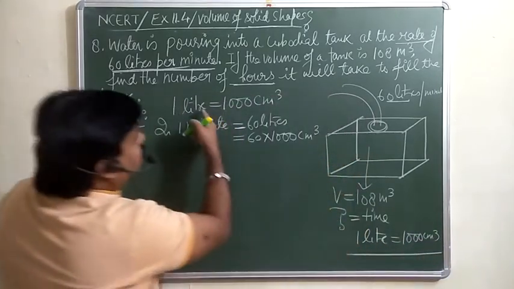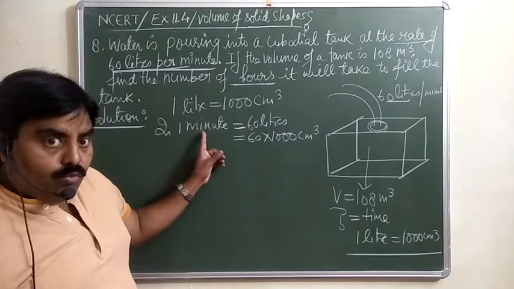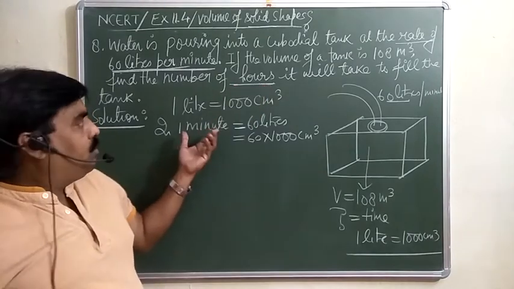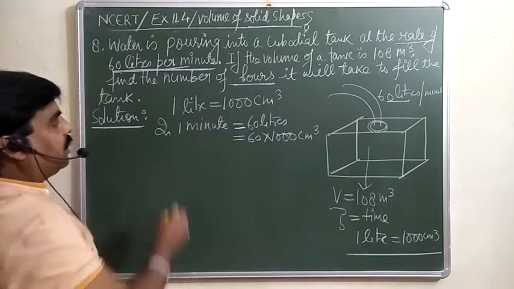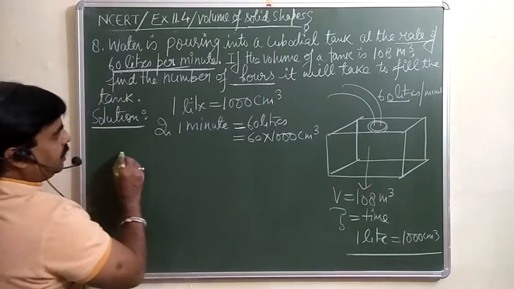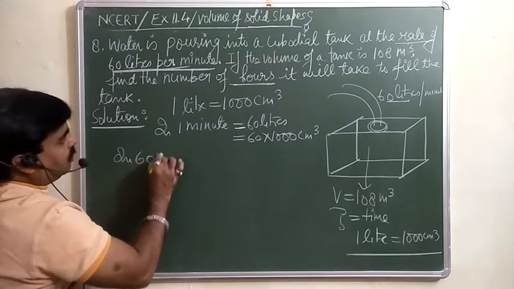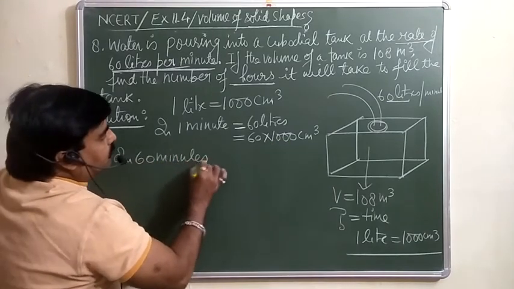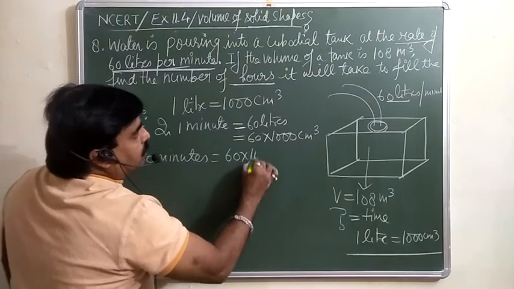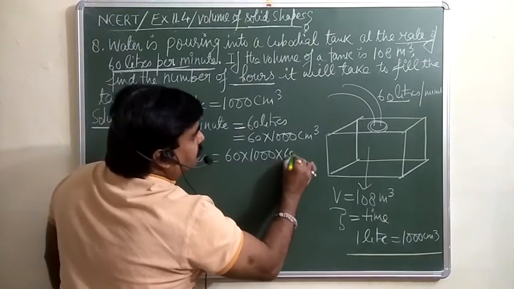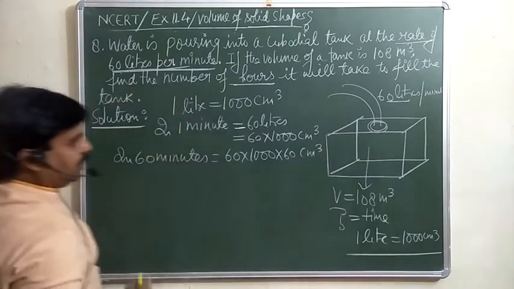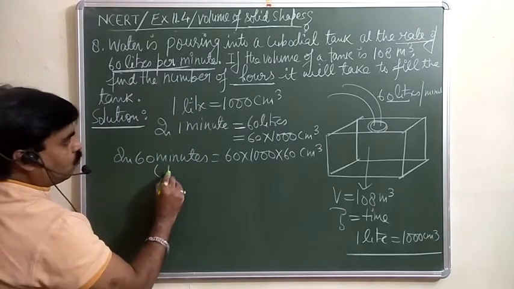This is already I have written here. Now this is in 1 minute. What we want to know is in hours. So you have to change मिनट को आवर में कन्वर्ट करिए. तो अगर 1 मिनट में इतना है तो 60 मिनट्स में कितना होगा? In 60 minutes, that is 60 into 1000 into 60 centimeter cube. We will multiply by the 60. 60 minutes means 1 hour.